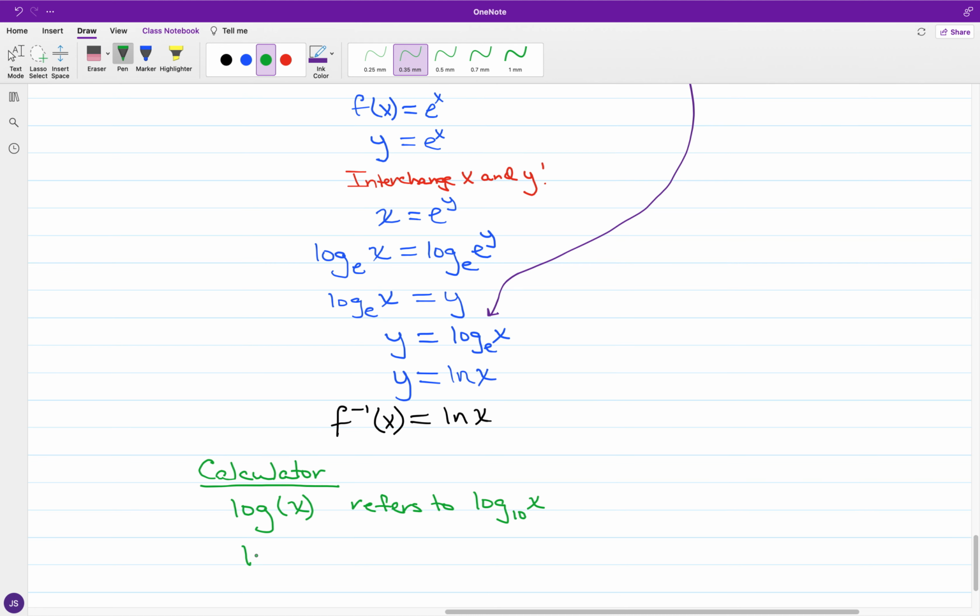And if I have ln of x, that's going to refer to logarithms of base e. So you're looking at the base e logarithm of x. You should have these in your scientific calculator. Again, ln is in reference to e, that 2.718 number, and log will be referencing base 10 logarithms.